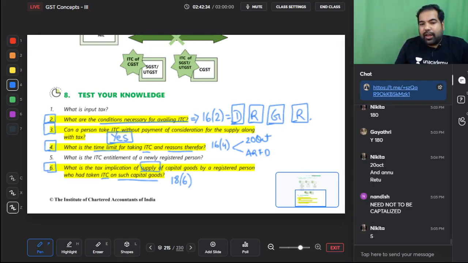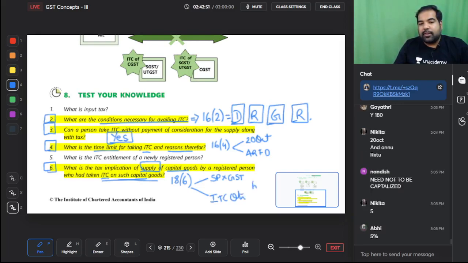Supply means sale of capital goods. If you've already taken ITC on such capital goods and are selling it, then the sale price into the GST, or the ITC reversed per quarter, whichever is higher. This is almost like a punishment. The language is slightly different. They don't use the word sale, they use the word supply now.